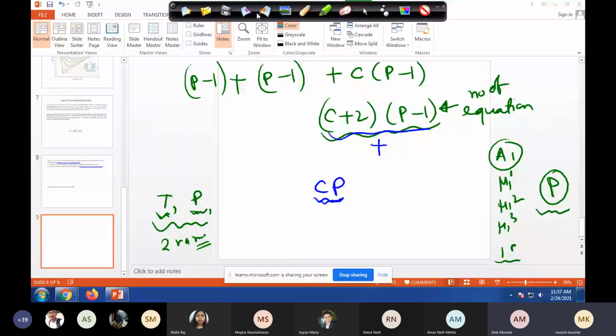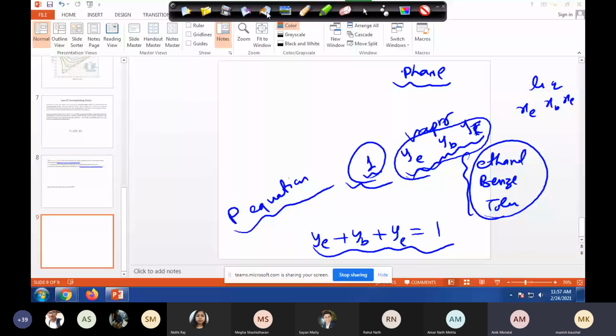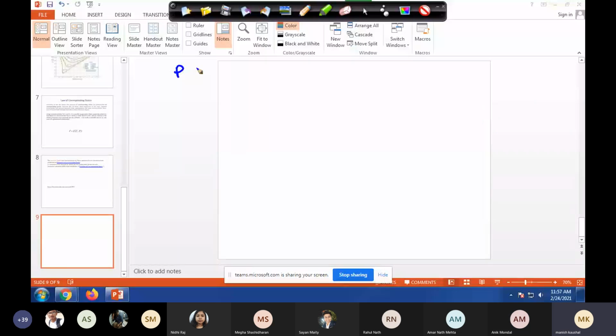Okay, what I'm saying is as follows. How many phases we have? Anik? P phases, right? Take any phase. Let's say any phase among these 1, 2, 3. Let's say I take phase 3. In that phase 3, you will have each component present there, isn't it?